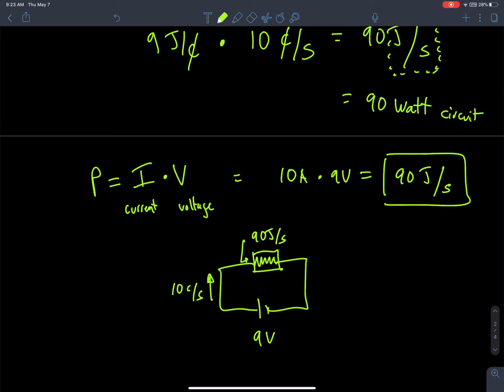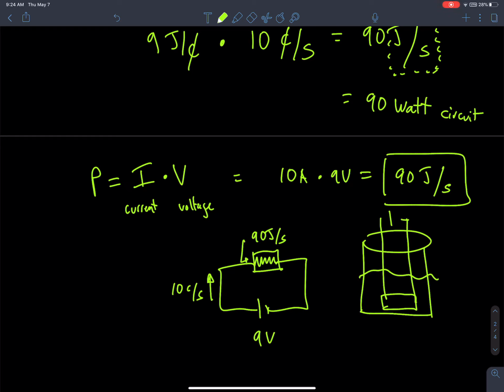And if I put that resistor into a cup of water, so here's my cup of water, and I have that resistor inside that cup of water, and that's my battery, it would be releasing 90 joules of heat energy per second into the water, which I could measure by measuring the temperature change of the water.